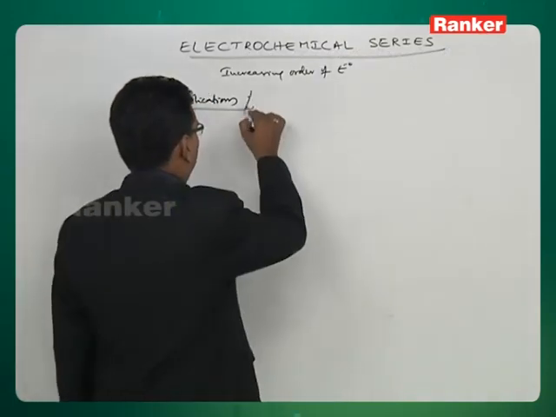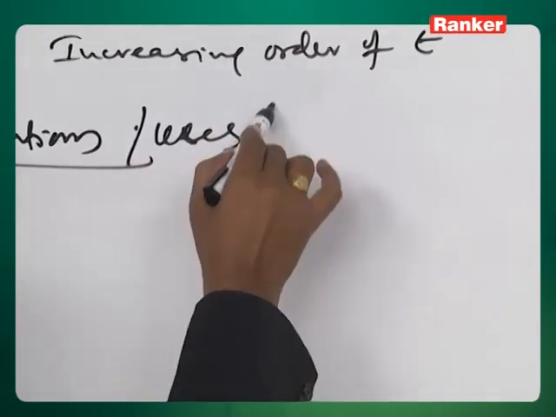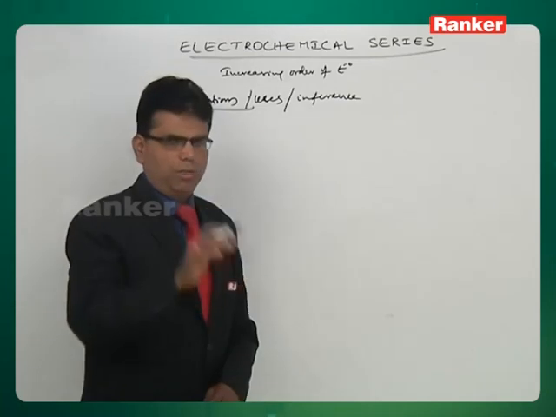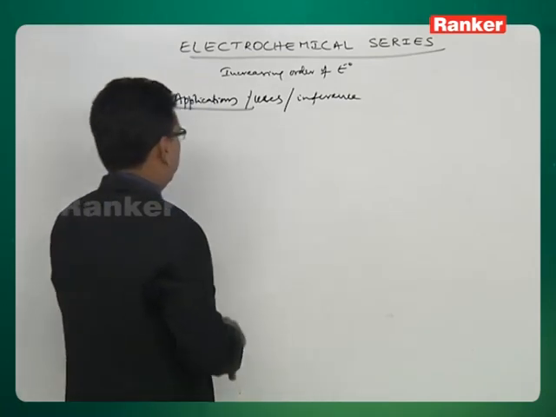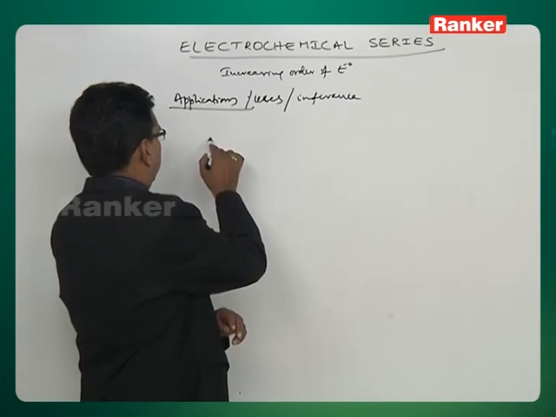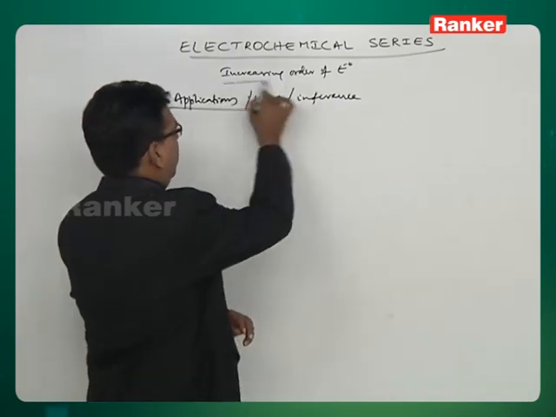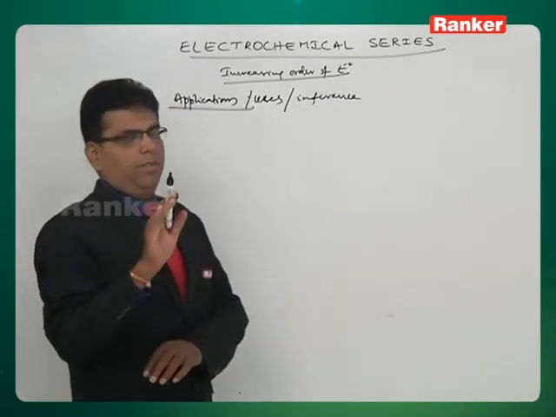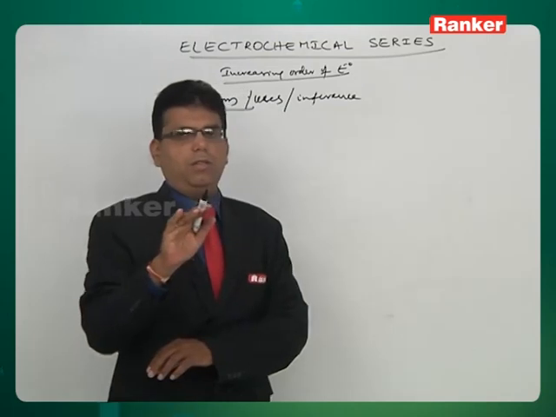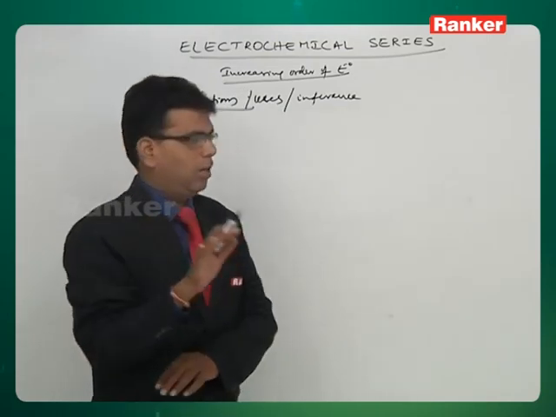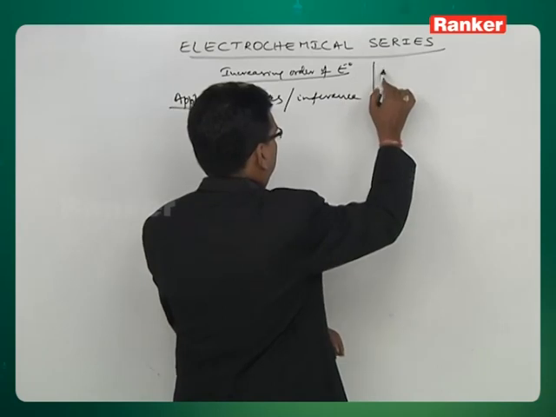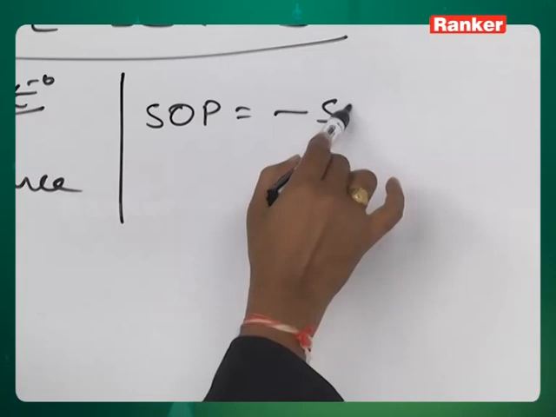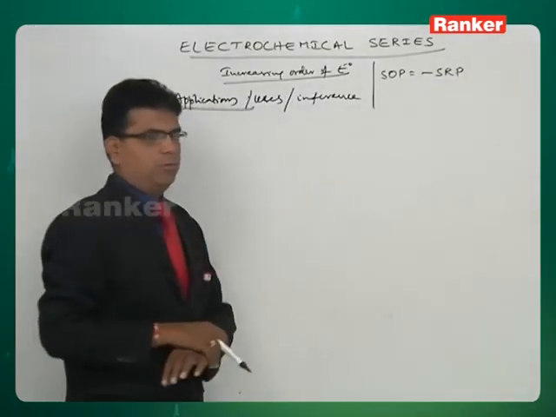When elements are arranged in increasing order of E naught values, remember always whether we are writing in increasing order of SRP or SOP, that is important. For any element, SOP is minus of SRP, that is always to remember.